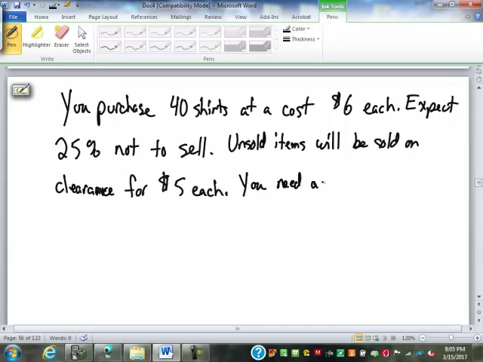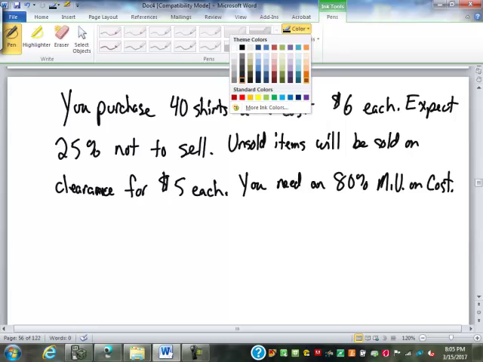You need an 80% markup on cost. Find what your per unit selling price should be.